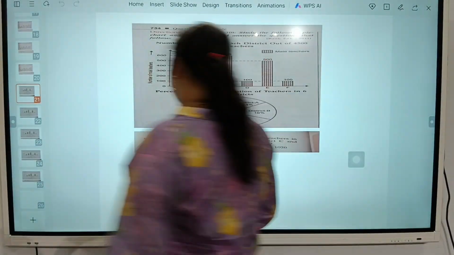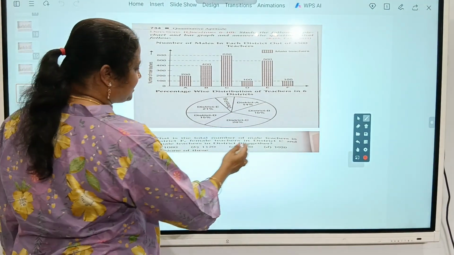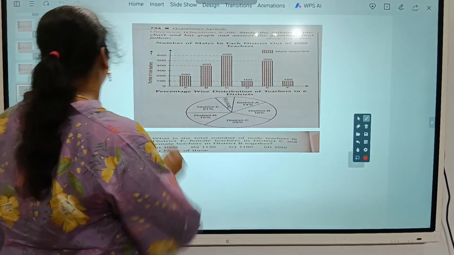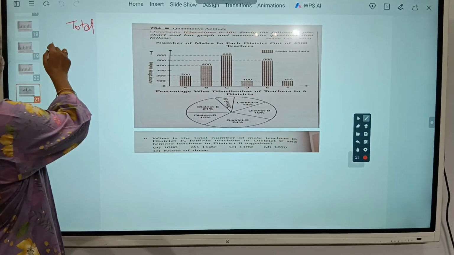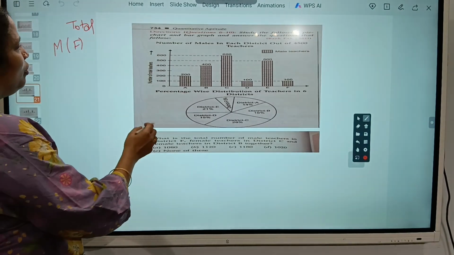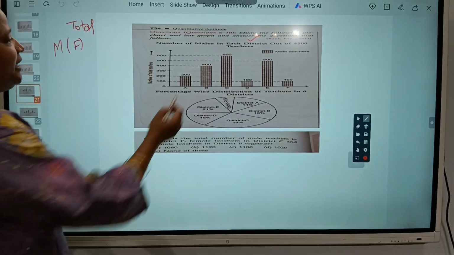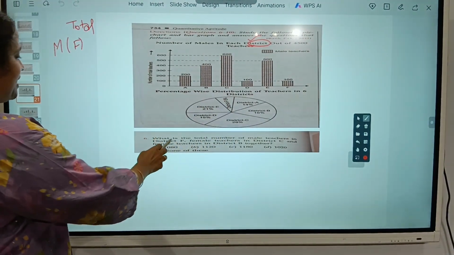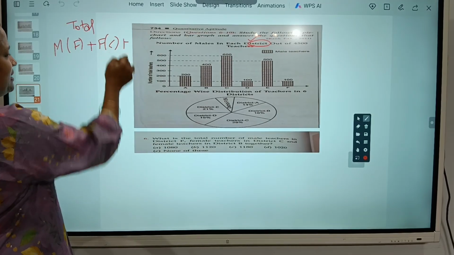The first question is, what is the total number of male teachers in district F, female teachers in district C and female teachers in district B together? So we have to find the total for male teachers in district F. Sorry, I said school, but it is district.